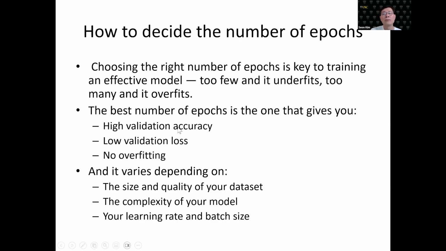The best number of epochs provides all these good things. But the number of epochs varies depending on factors such as the size of the image, the quality of the data set, the number of images, the quality of the images, the complexity of your model, and the batch size. It all affects deciding the number of epochs.